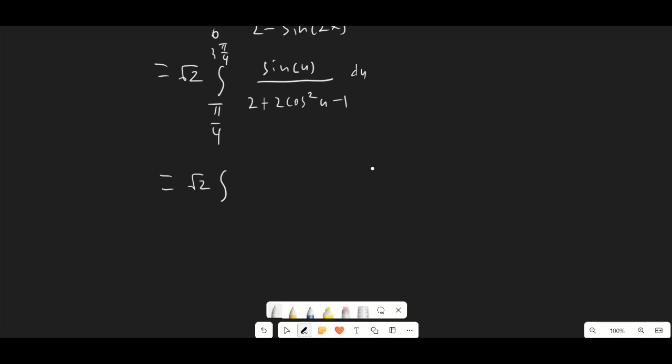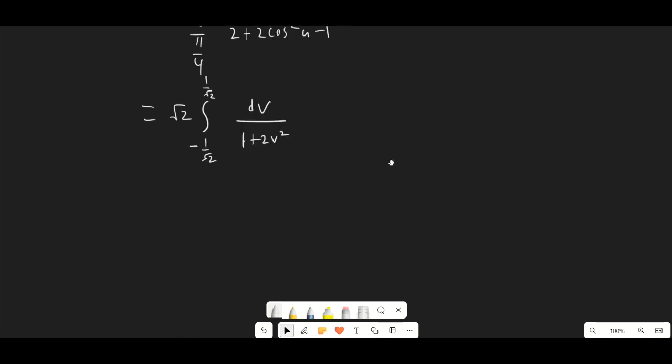No, it's okay. We end up integrating from 1 over square root 2 to negative 1 over square root 2, but we're going to flip that because of the negative sign of the differential up here. So we're going to end up with negative 1 over square root 2 to 1 over square root 2 of dv over 1 plus 2v squared. And now we just integrate directly.